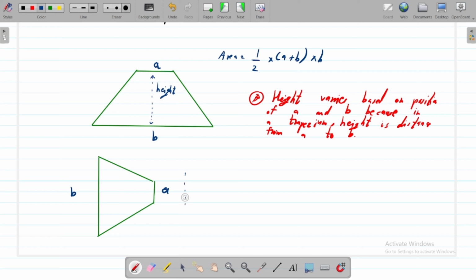Let's say this. Is this my height? No. This is my height. From here to here, that is the distance from the top to the bottom. Let me also erase and fix this one here. So remember that the height is relative based on A and B.